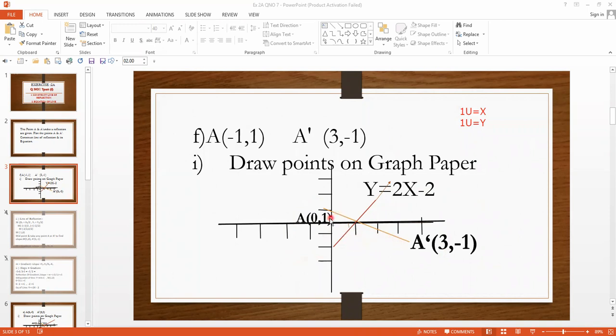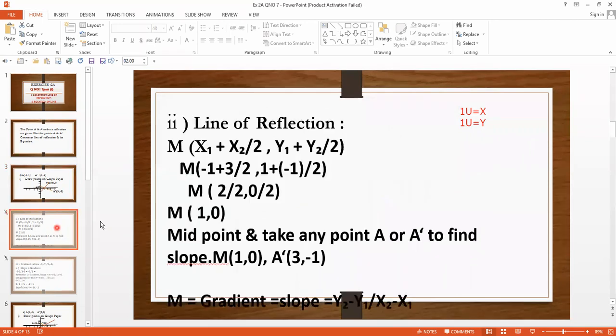Now we come to the second part. We have to find the line of reflection, and we use the same formula. First, we have to find the midpoint, and the formula is (x1 plus x2) divided by 2, and similarly (y1 plus y2) divided by 2.